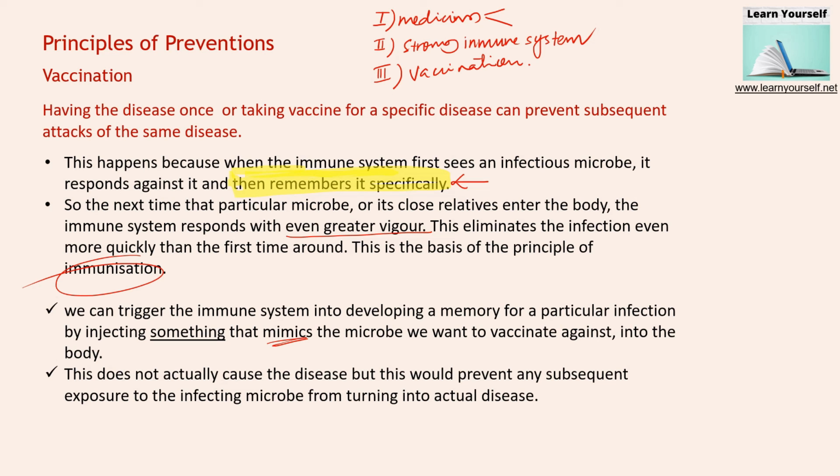After that, in future, we will no longer be affected by that particular disease. This does not actually cause the disease, but it prevents any subsequent exposure to the infecting microbe from turning into an actual disease. So every time we get exposed to the same kind of disease, our immune system will remember these microbes and act towards them.